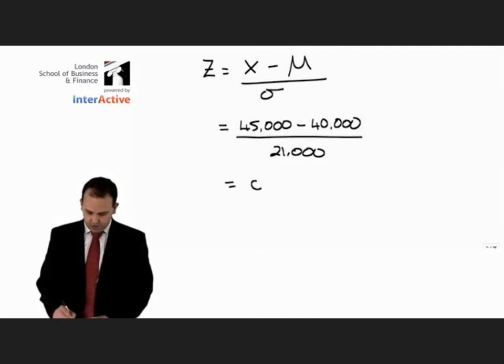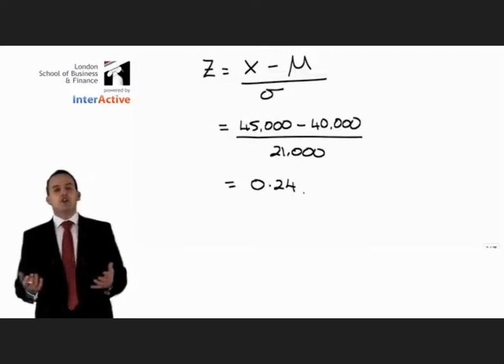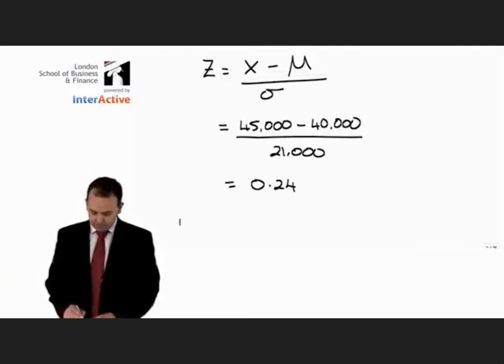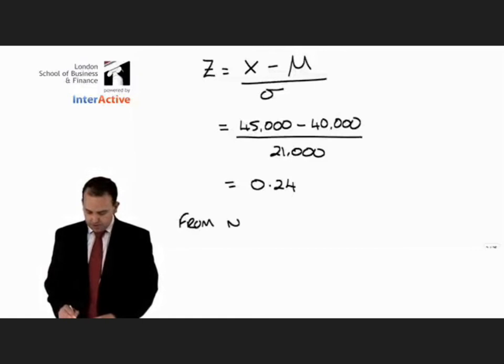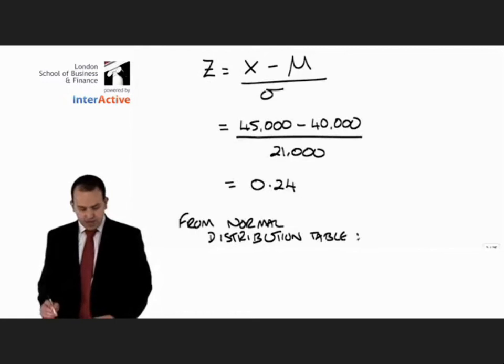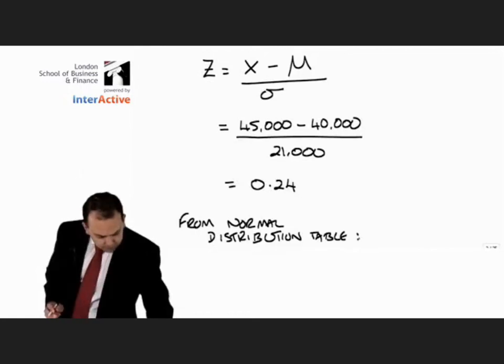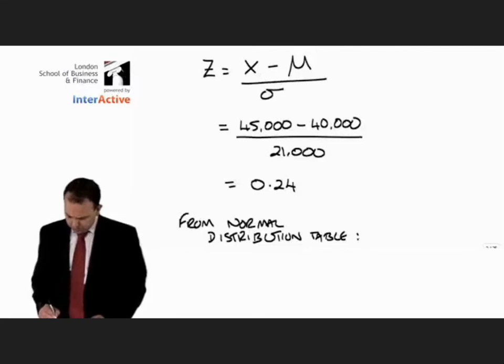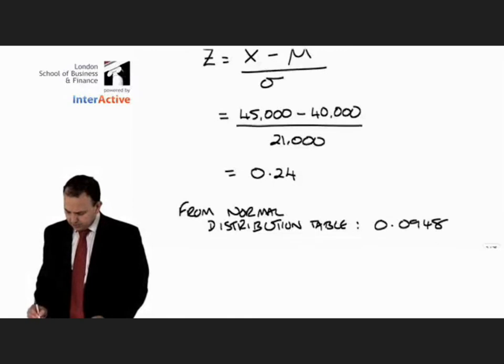Which gives us a value of 0.24. We could then look at the corresponding figure from the table. So from our normal distribution table, we have a value of 0.0948.